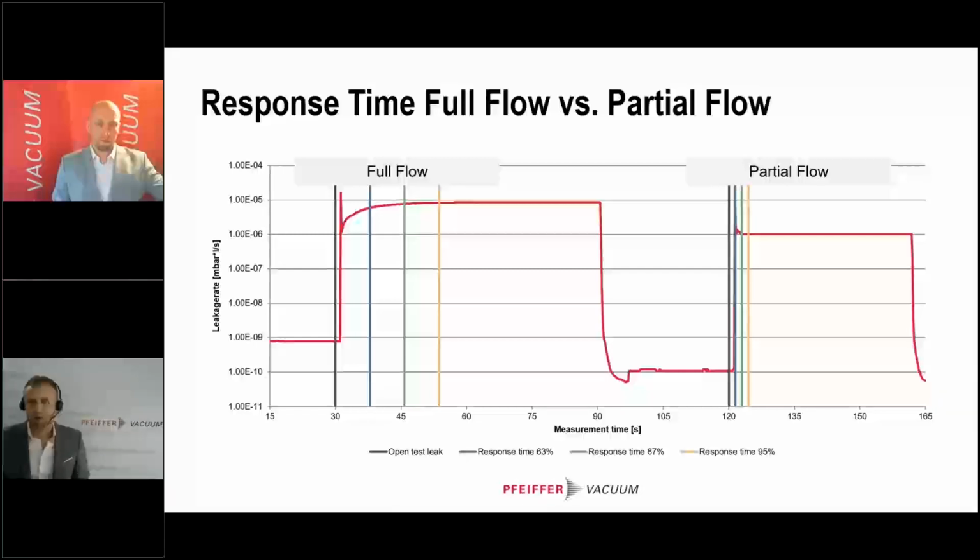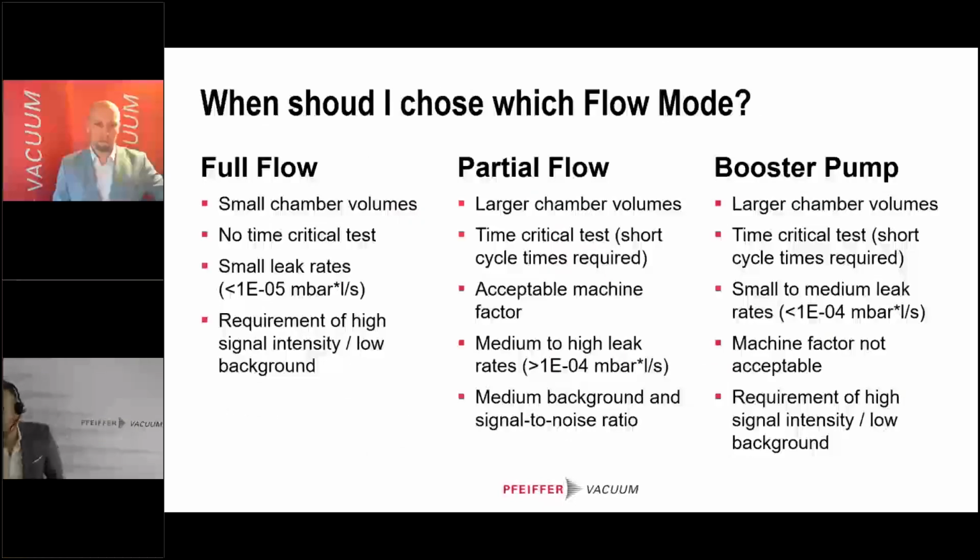So now that you know about that, the question is, when should you choose which method? What we always recommend is that whenever you have small chamber volumes and your time to test is not that critical, and also when you have leak rates in an acceptable range, so we would consider here small leak rates smaller than 1 × 10⁻⁵ millibar liter per second, then this could be a good opportunity to work in the full flow because you have a higher intensity.